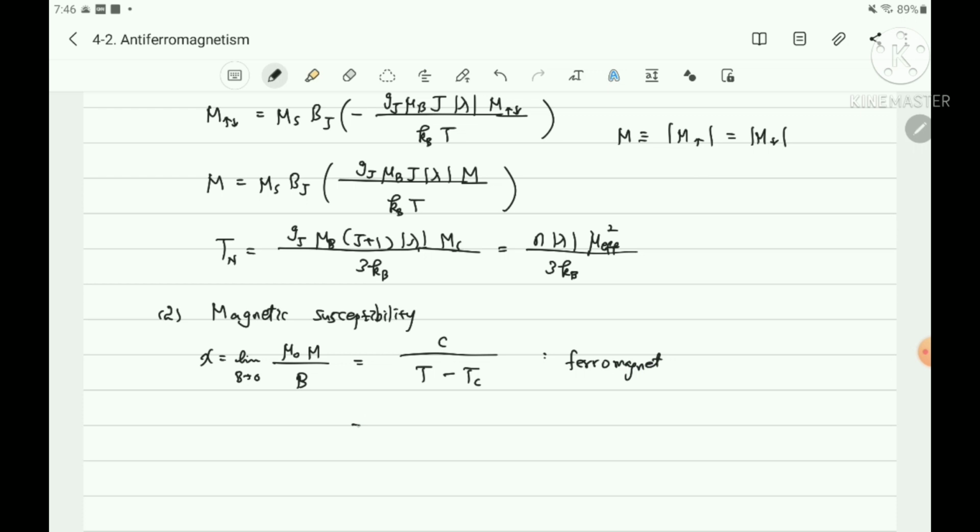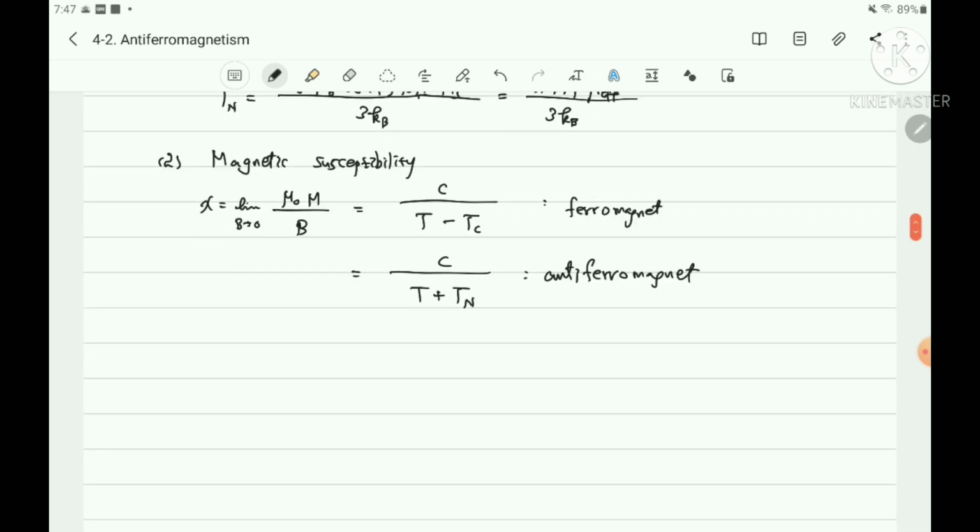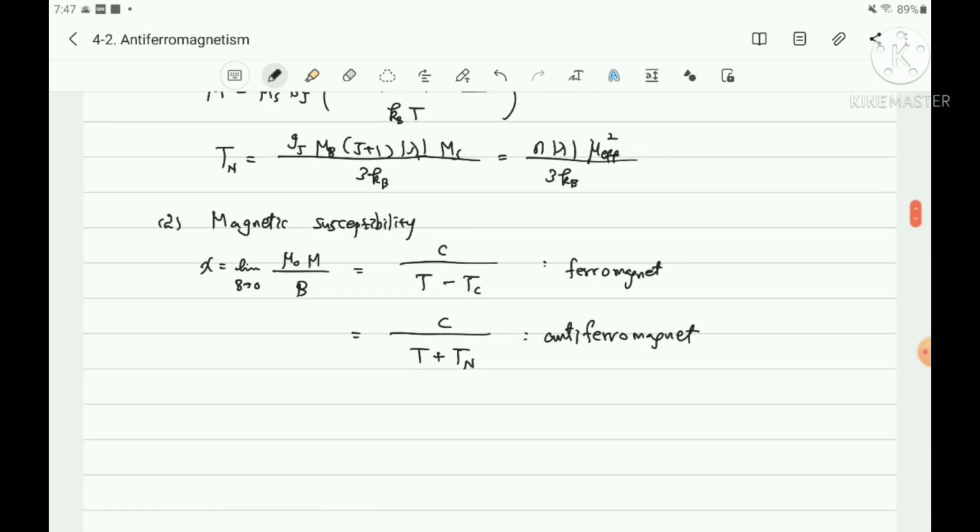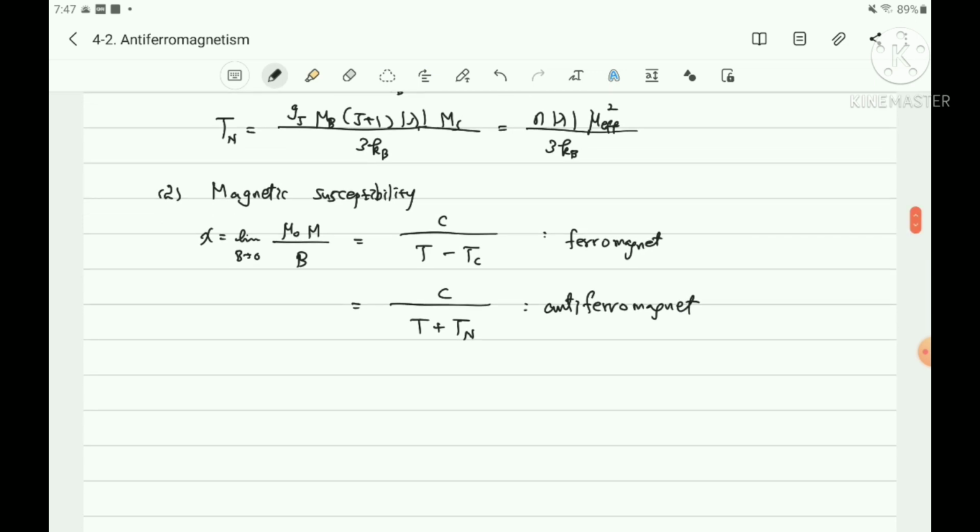But in the antiferromagnet, it is C over T plus T_N, because the sign is different. And T_N means the Néel temperature, the temperature at which the antiferromagnetic order starts.